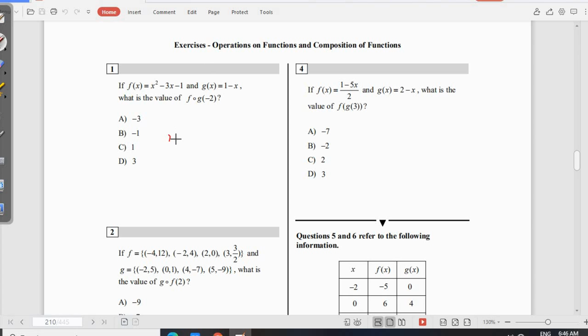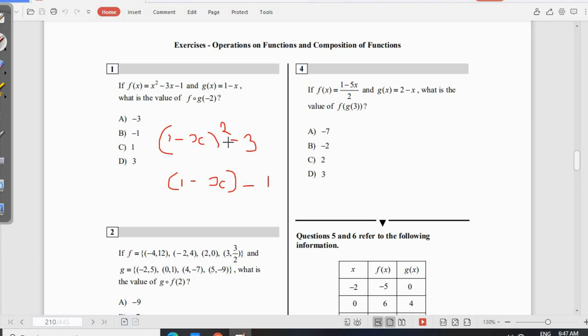We have 1 minus x all square minus 3 into 1 minus x minus 1. That's f of g. Okay, f of g of minus 2.